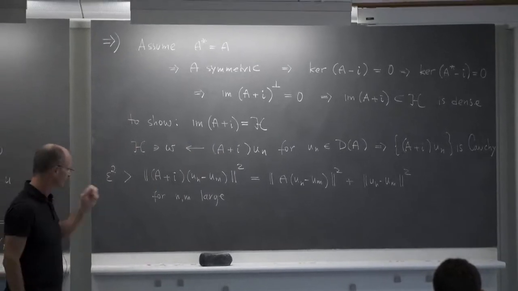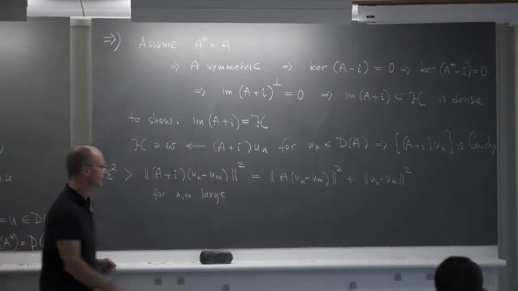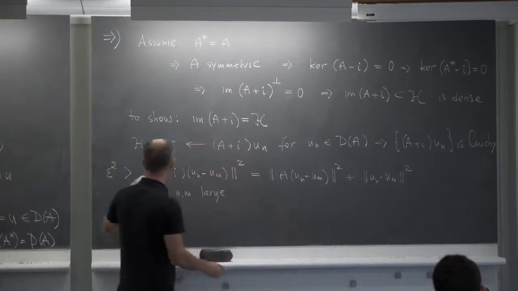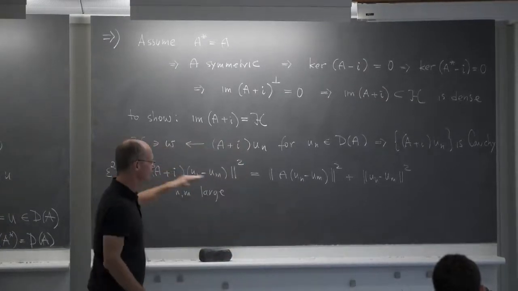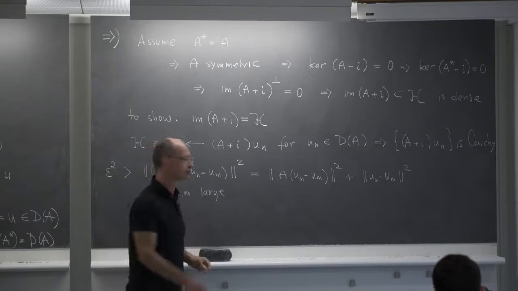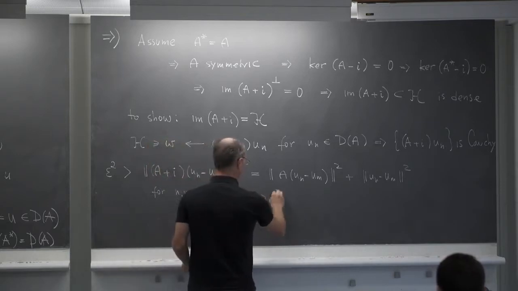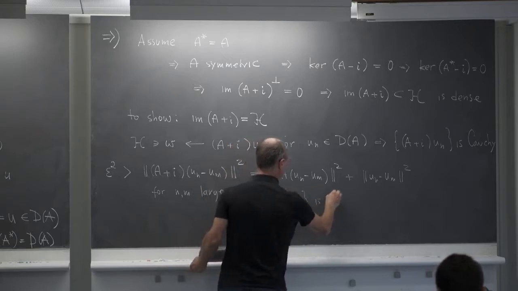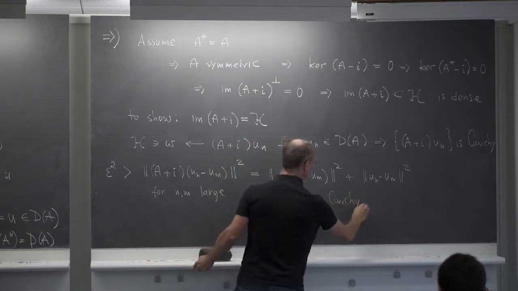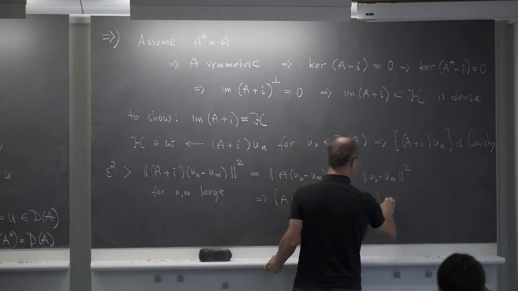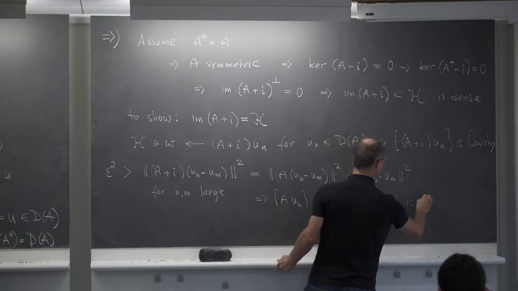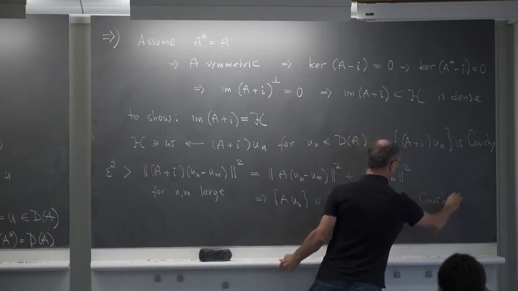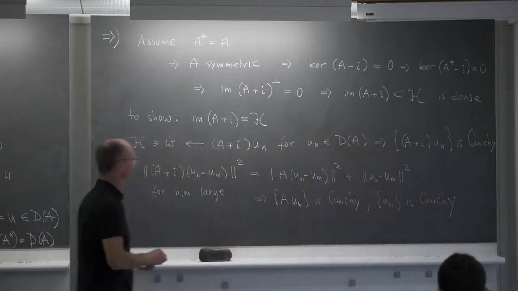Well, that's kind of interesting, right? Because this tells us, so this sequence is Cauchy, but then there are two more Cauchy sequences. So we know that AUN is Cauchy, and the sequence UN itself is also Cauchy.